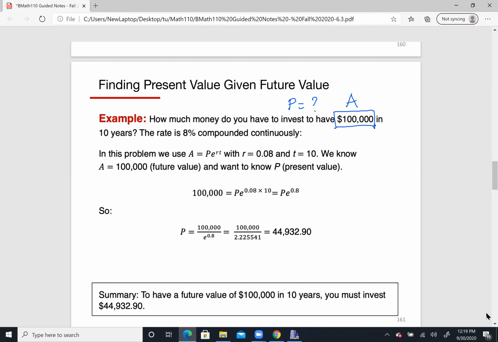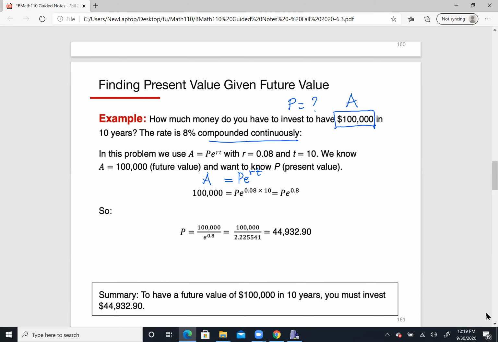Remember that this is compounded continuously. I know A is 100,000. I don't know P, so I put P here, and e to the power 0.08 times 10, which means P times e to the power 0.8.